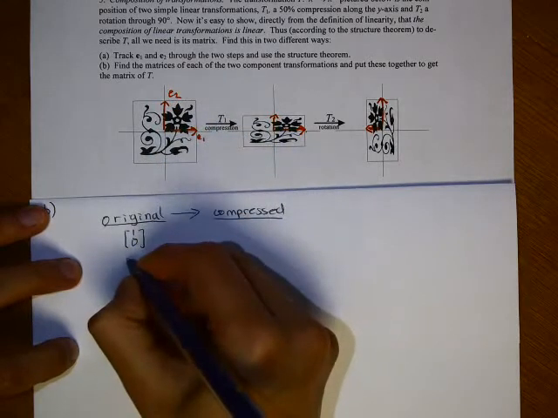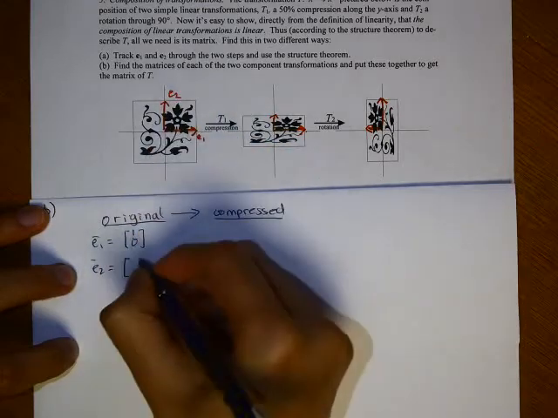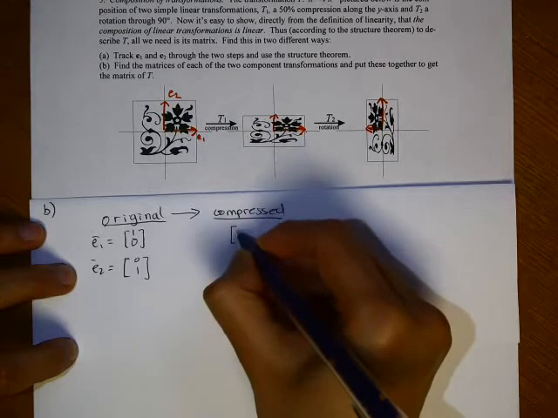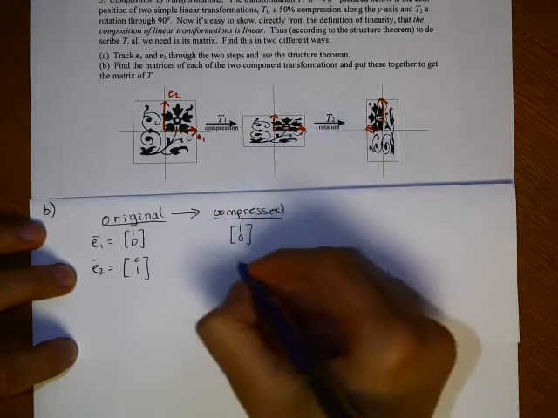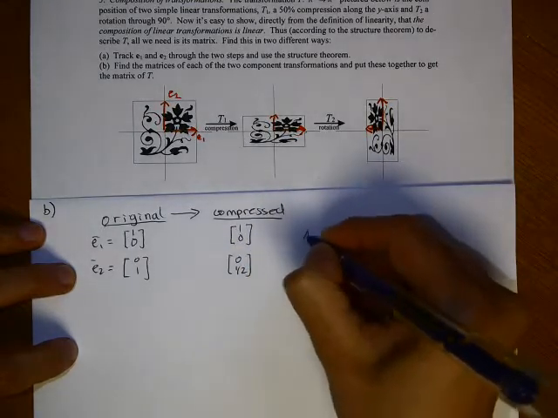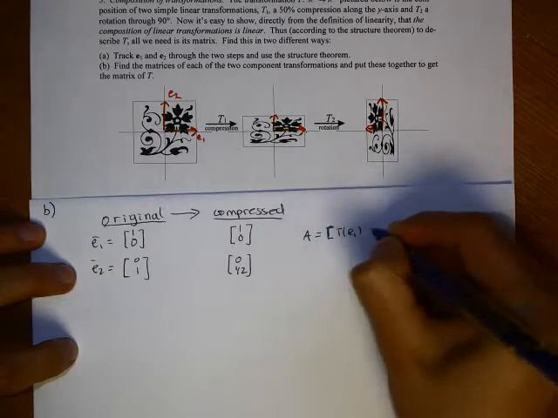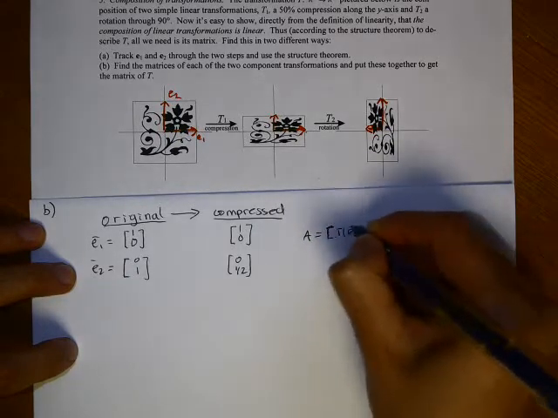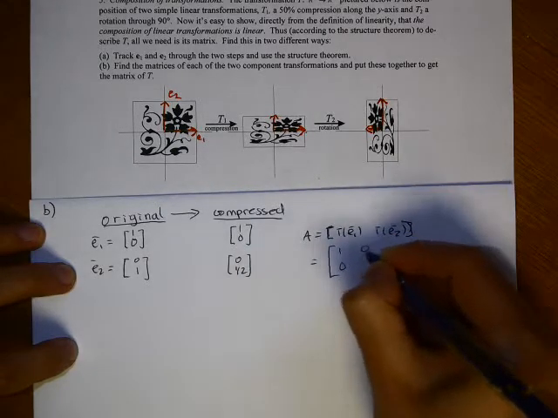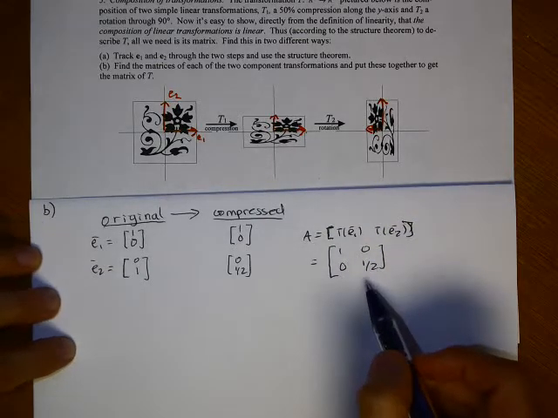Our E2 is equal to (0, 1). And now to go to the compressed, we end up with (1, 0) still for our E1 vector, and (0, 1/2). So the matrix for this one transformation using the structure theorem is this. So we have our transformed E1 vector and our transformed E2 vector.